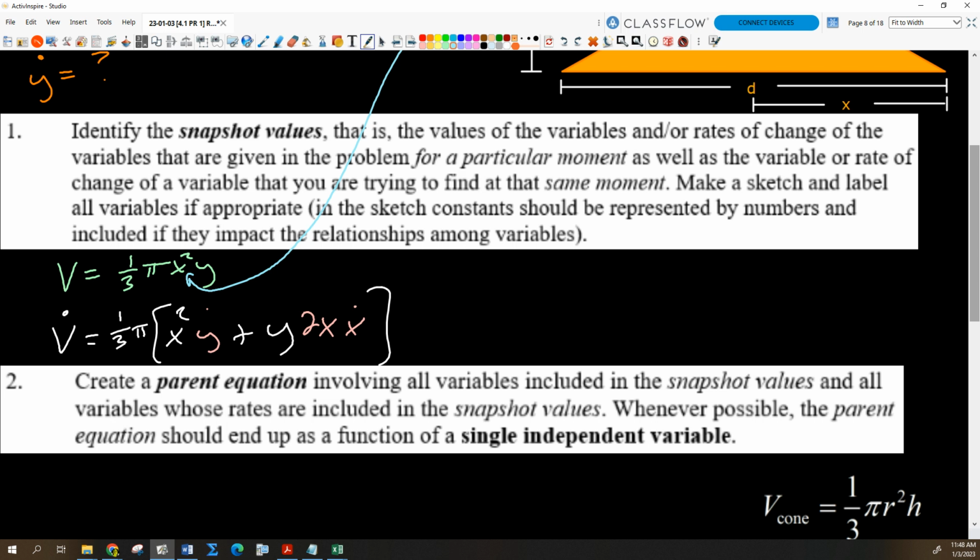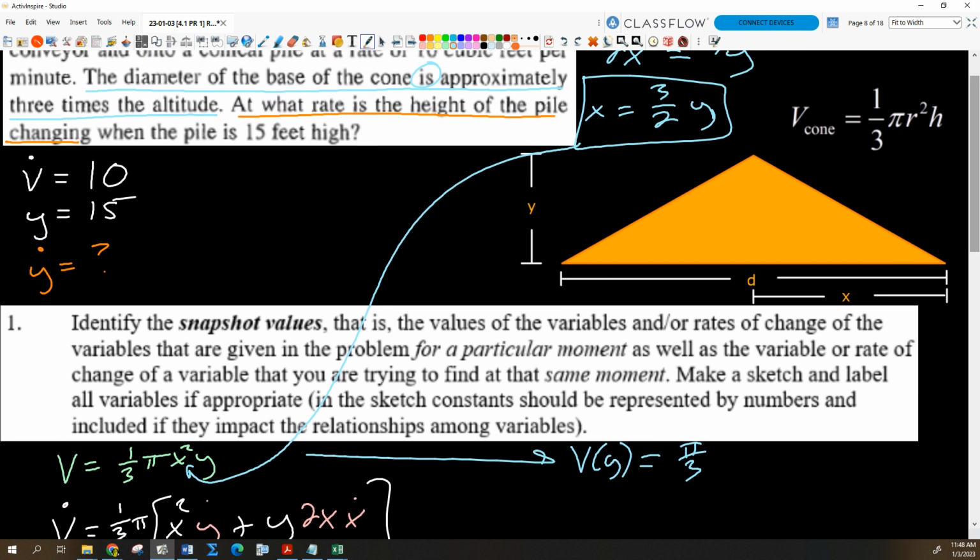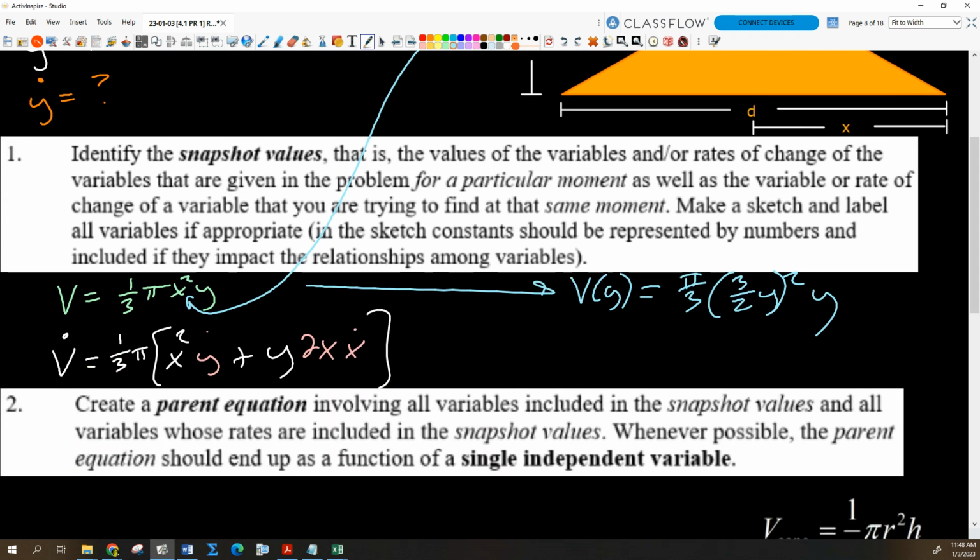Then I'm going to end up with the new equation, V of y is equal to 1/3 pi times the quantity x squared, well, that's just 3/2 y, times y. Way better, right? If I square the quantity 3/2 y, that's just giving me what? 9/4 y squared times another y would be a y cubed.